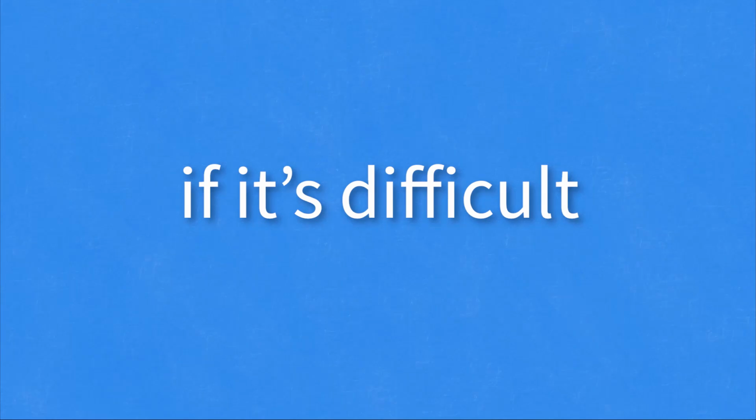The word for tonight in Spanish is esta noche. How would you say, it's tonight? Es esta noche. How would you say, it's difficult tonight for me? Es difícil esta noche para mí. The word for if is si. How would you say, if it's difficult?